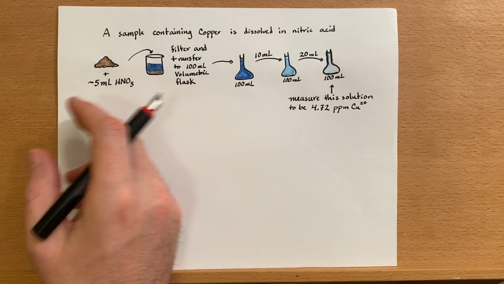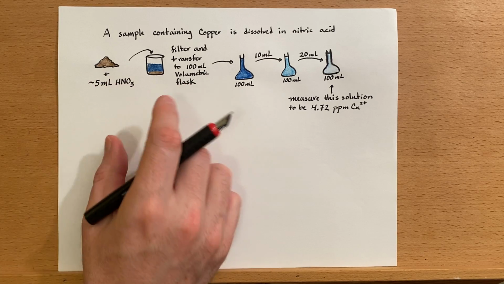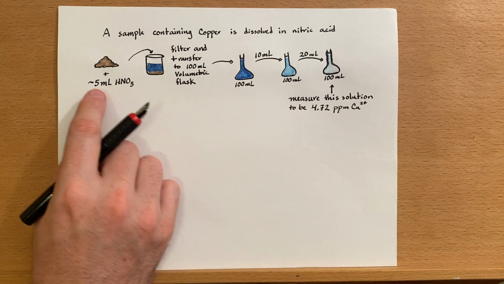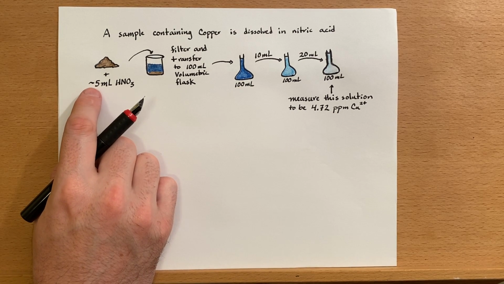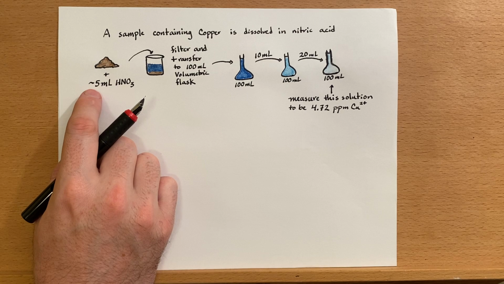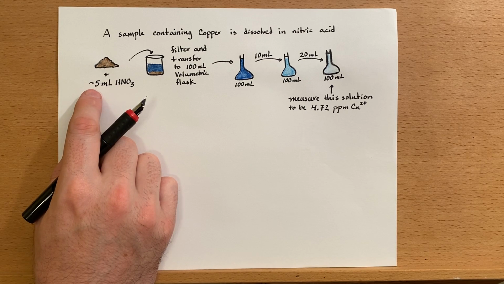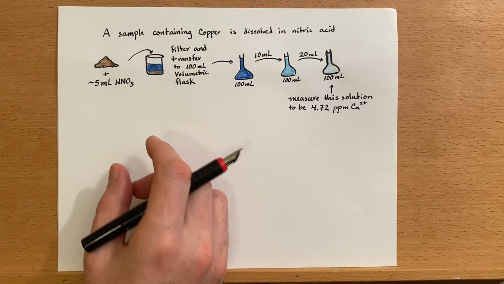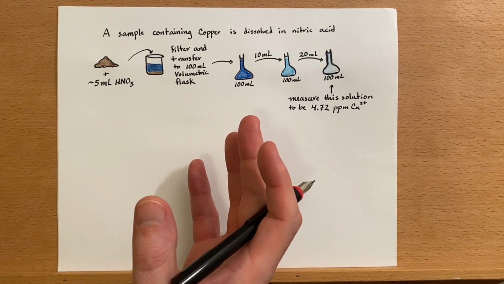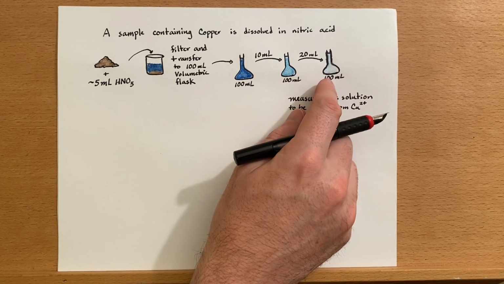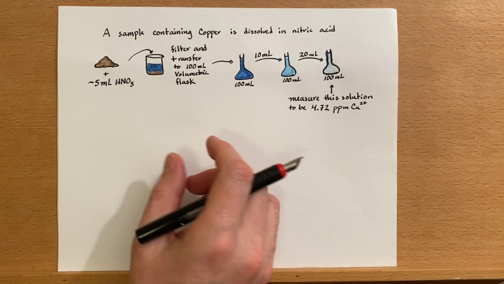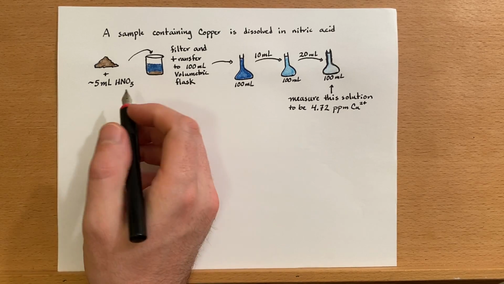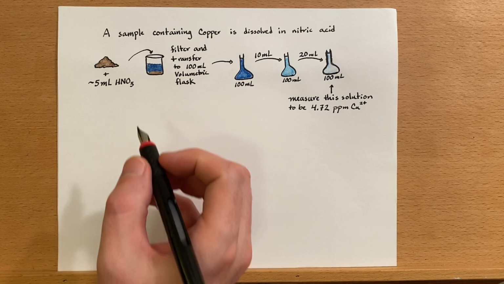Now, all of this other part isn't really important for measuring the concentration in this flask, and even the volume of nitric acid was not actually that important. It's just nice to use a fairly consistent amount when we're preparing our standards, or whatever other part of the method we're using to determine this concentration, so that we keep a relatively same amount of acid in there, but sometimes it doesn't matter that much.